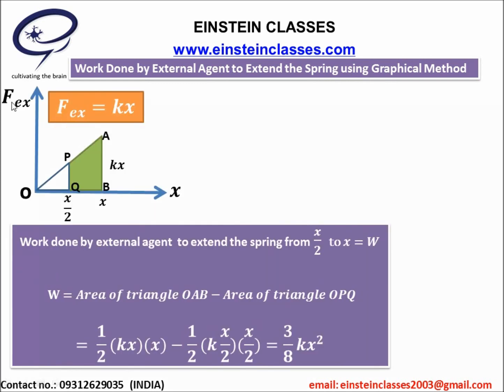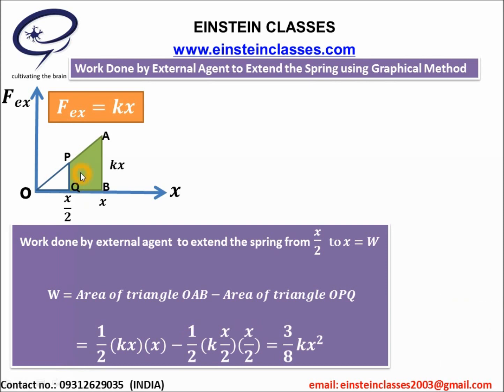Now we are going to determine the work done by the external agent if the spring is extended from x by 2 to x. That means if the block is displaced from x by 2 to x, then using the graphical method, we have to find the area of this trapezium or area of this figure.